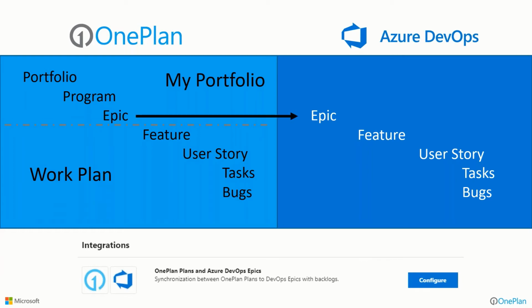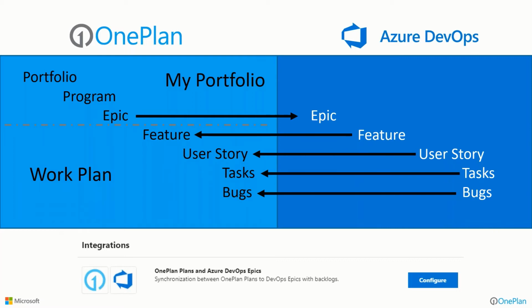So for example, we may align at the epic or project level between OnePlan, which gets approved through the portfolio management process, but all the detailed execution things rolling up into the portfolio may be coming from Azure DevOps. Things like features, user stories, tasks, bugs, and other such items may be coming from the execution work that's being done in Azure DevOps itself. Once again, providing a complete picture in OnePlan.